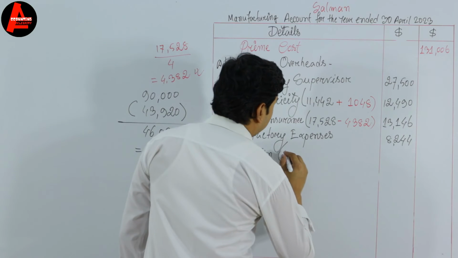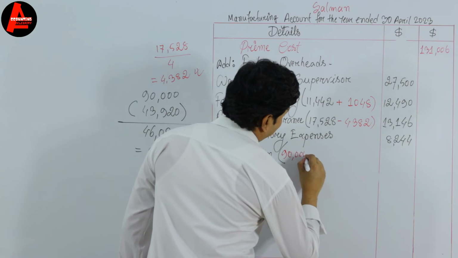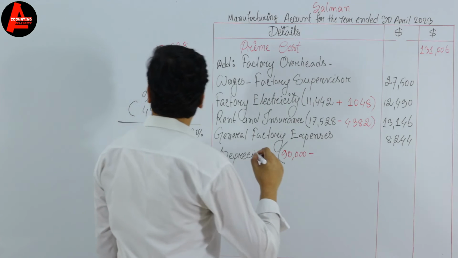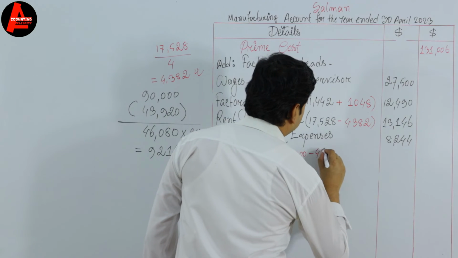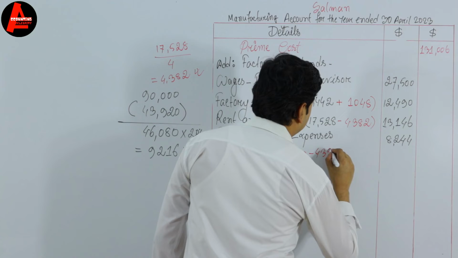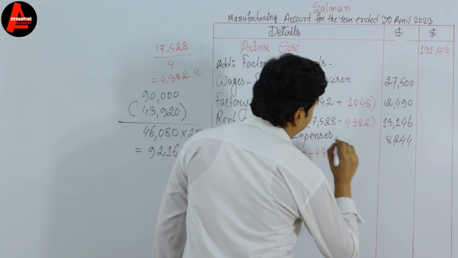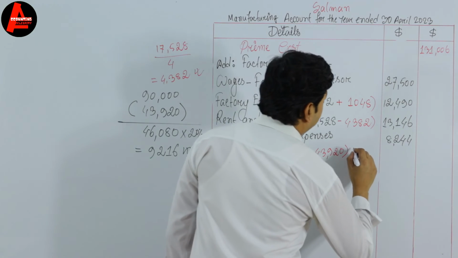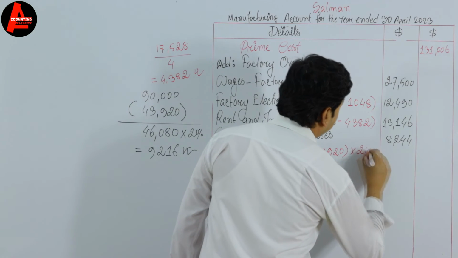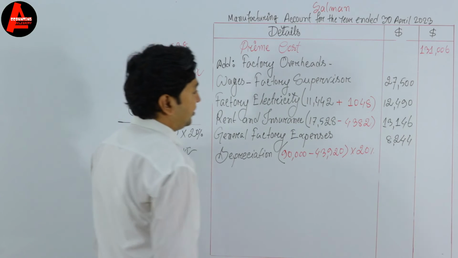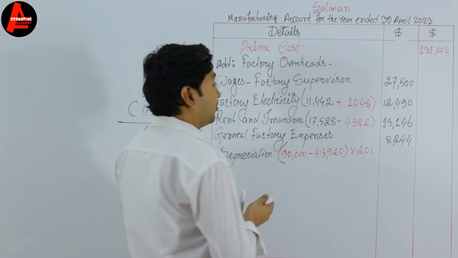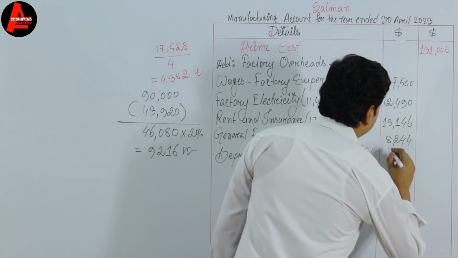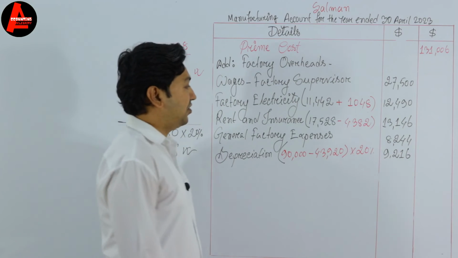So first of all we wrote the cost price, then we subtracted the provision for depreciation, which was $43,920. Then we multiplied the answer by 20%, rate of the depreciation. Then we found $9,216. Okay, good.